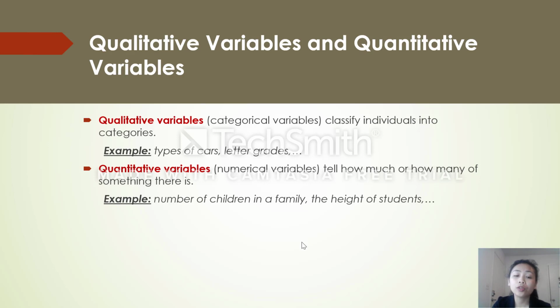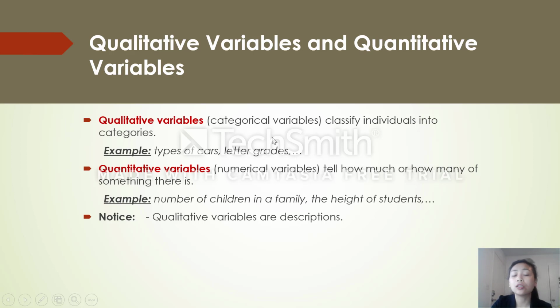And one thing we should notice here: qualitative variables are basically descriptions. For example, the type of car tells us what kind of car it is. The type of car is a description of the car.